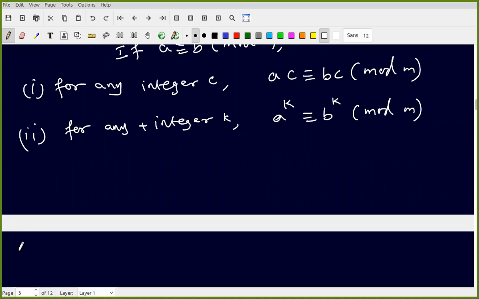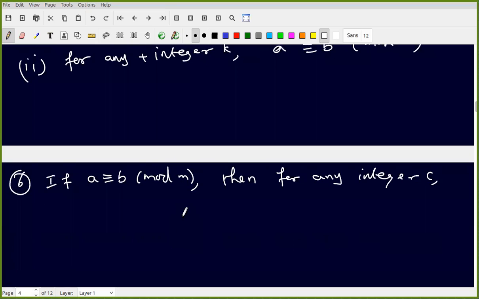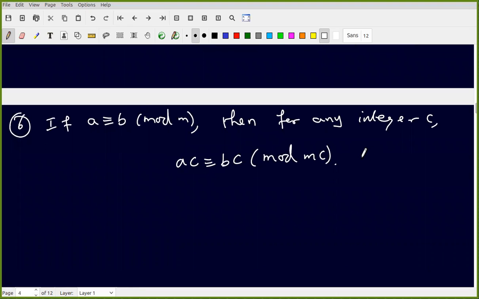And the sixth one: if A congruent to B modulo M, then for any integer C, AC is congruent to BC modulo MC. So you can multiply C throughout the relation with A, B, and M. The proof is very simple.